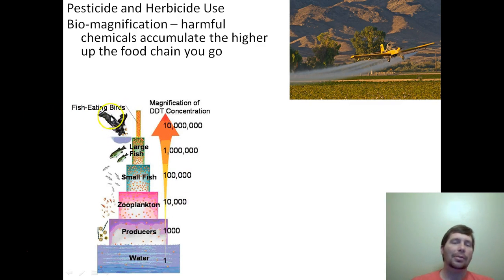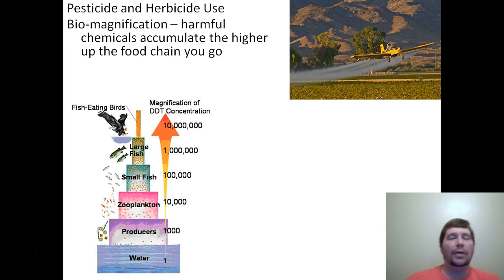But something like a bald eagle can have a range of 50 miles, so this bald eagle is going to be exposed to all the chemicals that were sprayed in that 50-mile area. That's the process of biomagnification: even if we only put a chemical out at a very low level, because of the natural accumulation that happens going up a food chain, the things at the top of the food chain are going to get a really high dose, because they're exposed to all the chemical that was sprayed in their particular ecosystem.